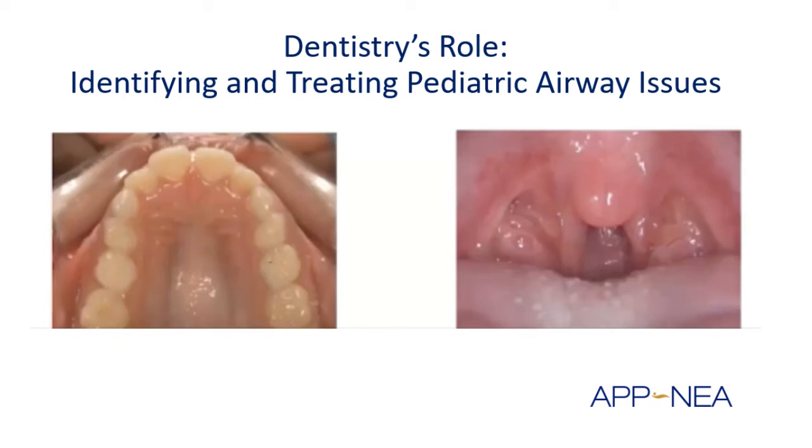So, on the topic of pediatric dental sleep medicine, pediatric obstructive sleep apnea is a sleep disorder in which a child's breathing is partially or completely blocked repeatedly during sleep. No different than adult, except for the thresholds are much different. In adults, an AHI of 5 categorizes somebody as even a mild one, with children it's 1.